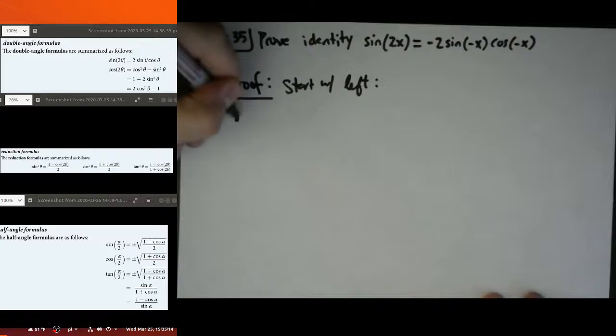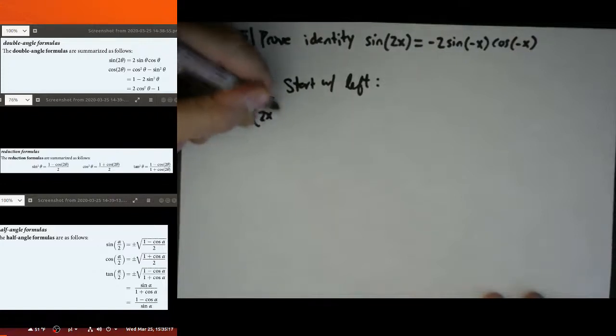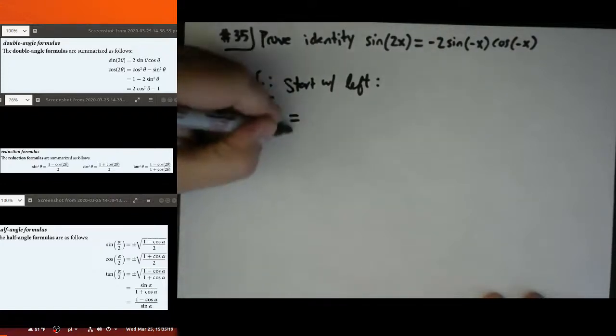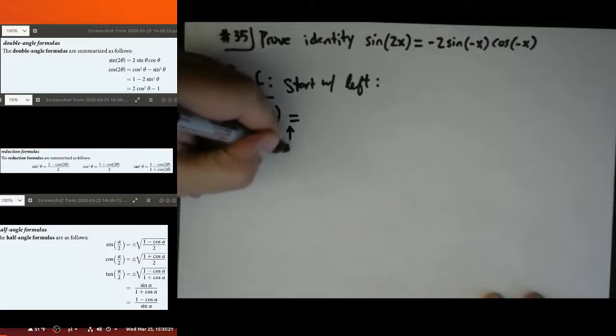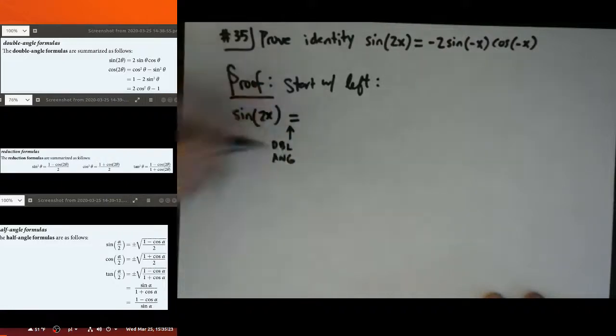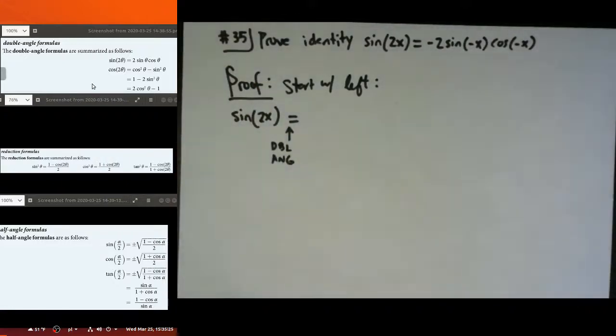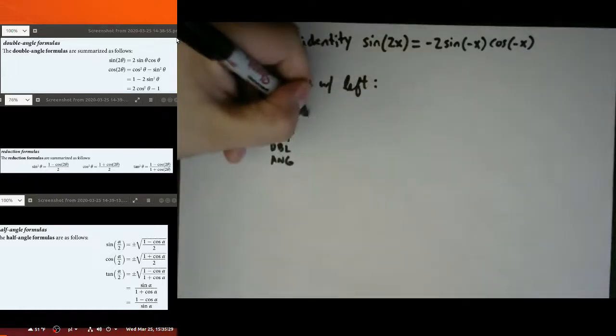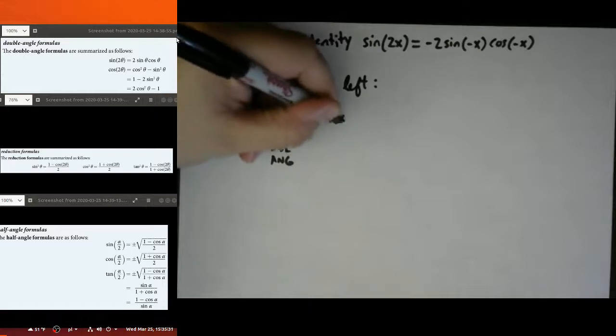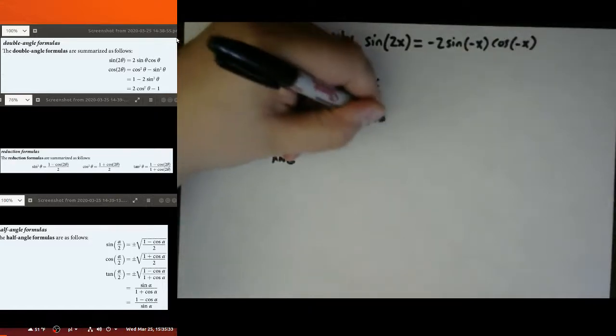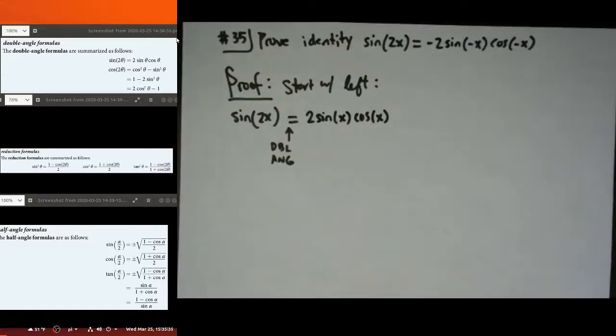And I'm going to say, well, sine of 2x, I can use the double angle identity, this one on the side of the screen here, that it's 2 sine x cosine x. Now, at this point, it probably feels like I have nowhere to go.